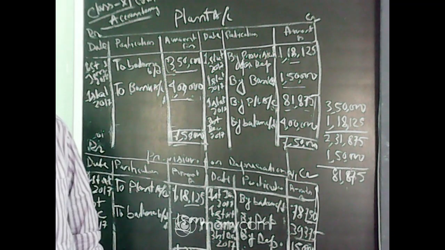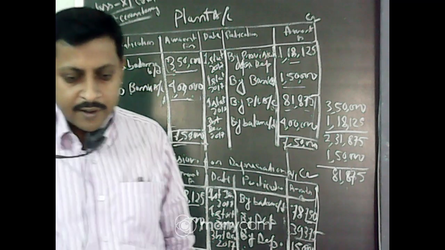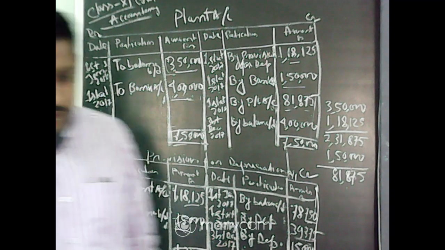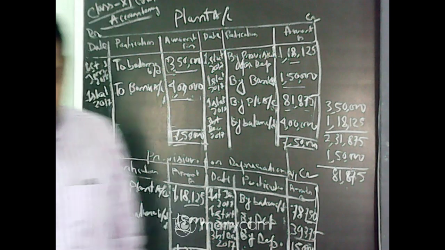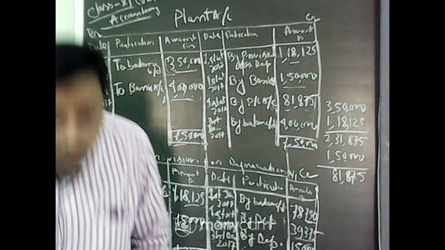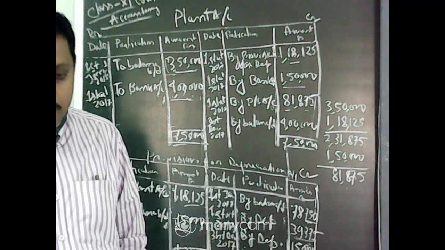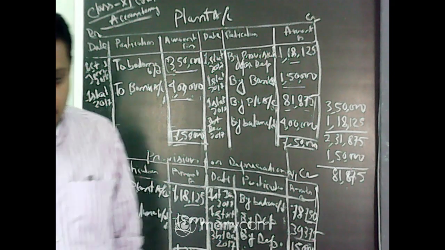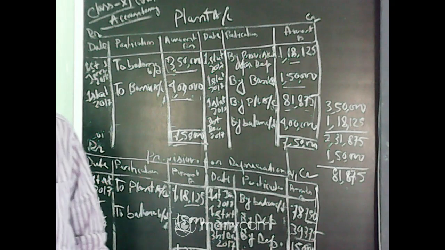Try to join from the beginning of the class, otherwise it is very difficult for you to understand, because all that is mathematical calculation. Kritika, have you understood? Sujat, I think no. What is your problem? Just tell me. You are coming late to the class. Just come on time and start from the beginning.